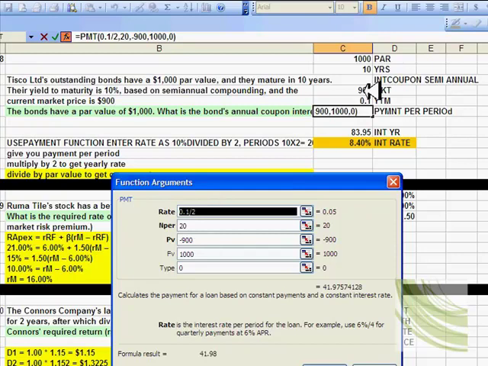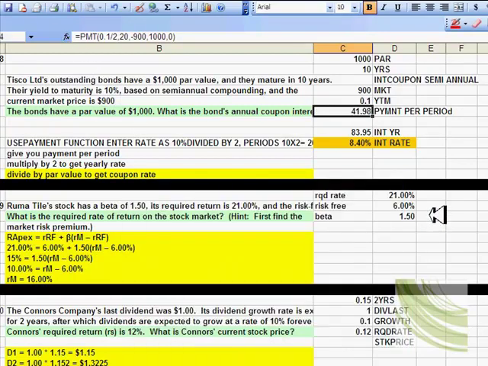This is the market value of the bond. So enter the present value of the bond as negative 900. The future value is 1,000. Type is 0. So interest payment per period is 41.98. Now you have to double this because this is payment per period, so that you're receiving $83.95 per year.